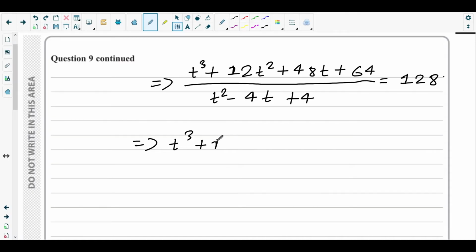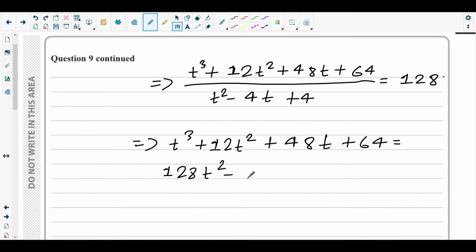So we can see here we have eliminated the log from the equation. t cubed plus 12t squared plus 48t plus 64 equals 128t squared minus 4 times 128, that is 512t, plus 512.